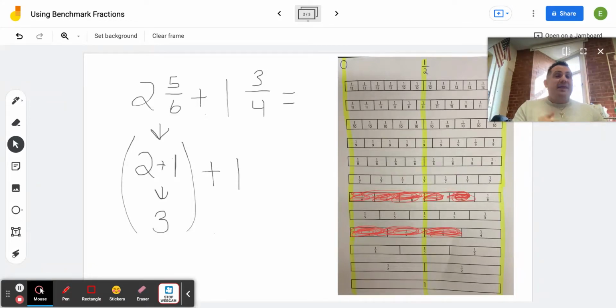So when that happens, we always like to go up to the next benchmark, the greater benchmark. So here we would go up to the whole. But if you did estimate it to a half, it wouldn't be wrong.